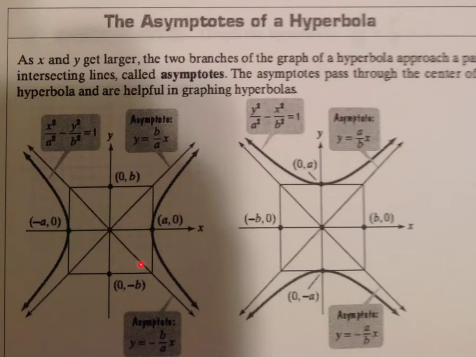These are the diagonal lines that make the X here. The hyperbola will get closer and closer to these lines, but it'll never touch them, and it won't cross them.